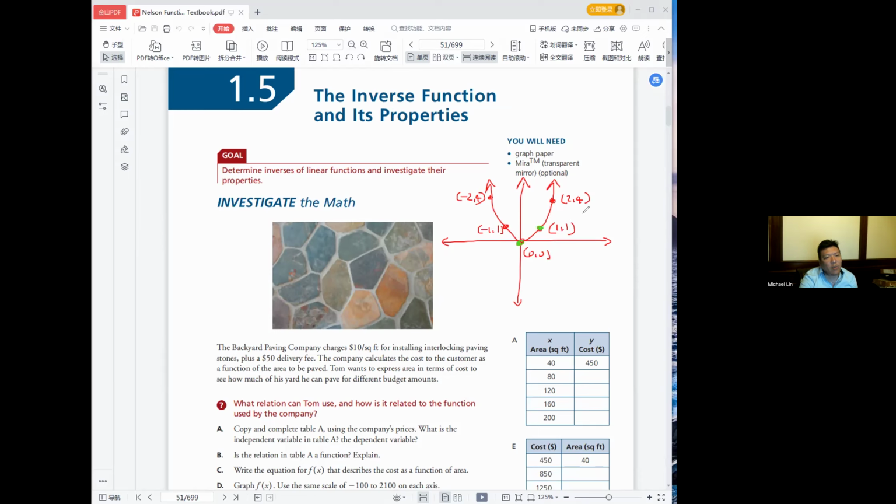Then we get a point 4, 2 instead. We're going to go 1 and -1. It's going to be down here. And then lastly, we have 4 and -2. Now we connect the dots. We will have our inverse function.